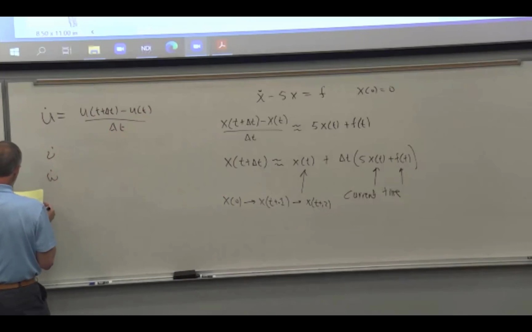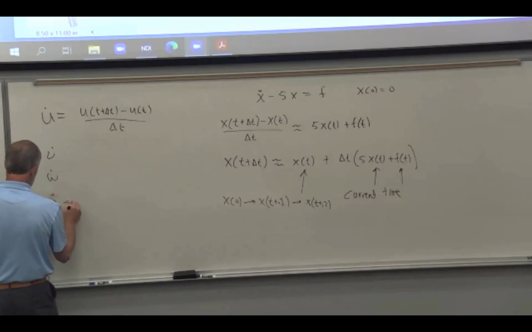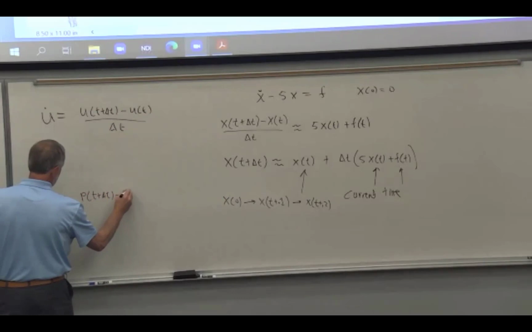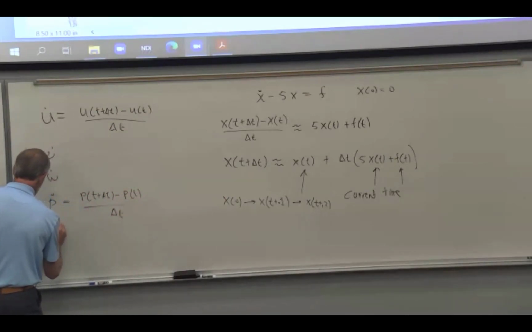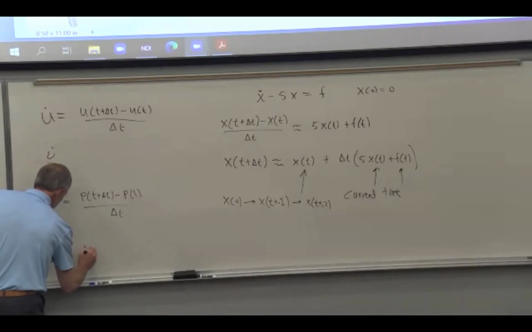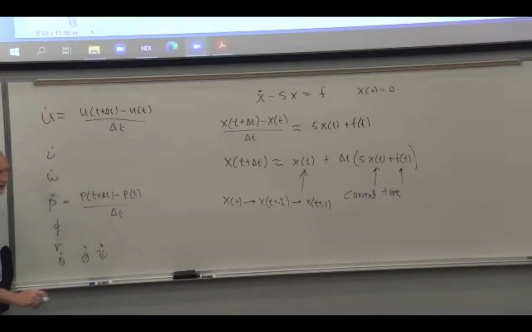Everywhere you see w dot, you do the same thing. P dot, we could do the same thing. All the way q dot, r dot, theta dot, phi dot, psi dot. Every variable that's a derivative, we approximate with its difference. This is called a finite difference.